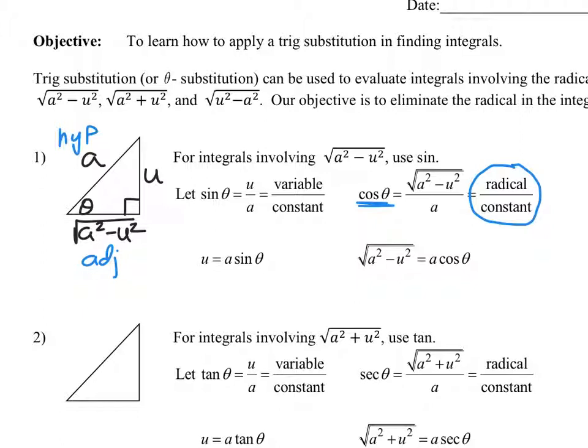Another way I could organize my triangle would be to have the variable part on the opposite side and the constant part on the adjacent side, in which case my hypotenuse would be the square root of a squared plus u squared.